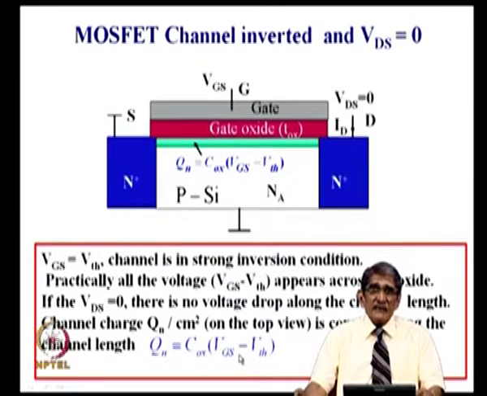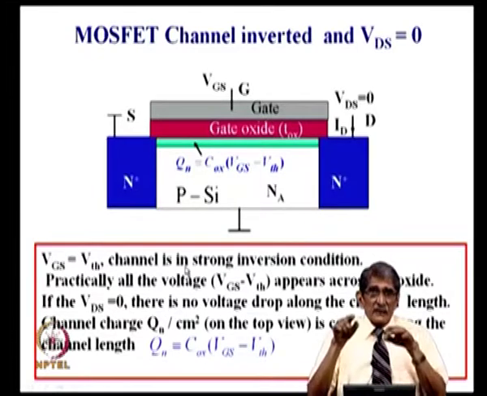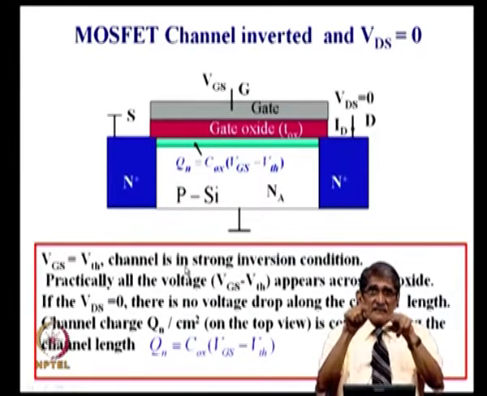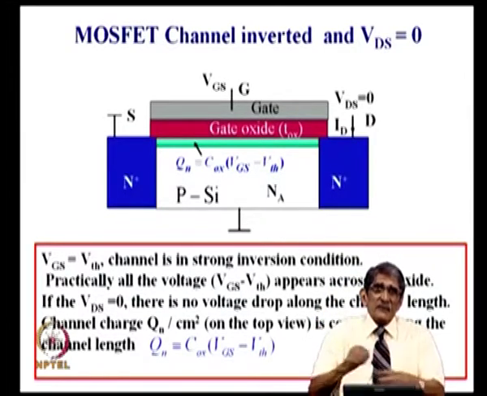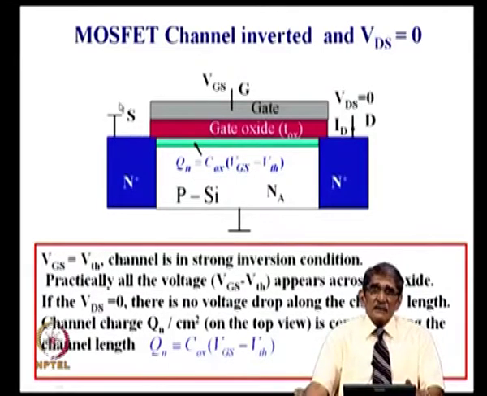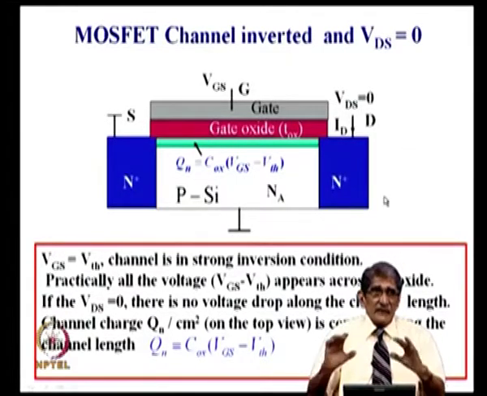So, if this is unit area, the Q n, that is the inversion layer charge, will be charge per unit area, not looking into the plane like this, but looking from the top. So, you compute the area of the gate region, that is the channel length or the gate length into the depth of the gate W, that will be the total area.